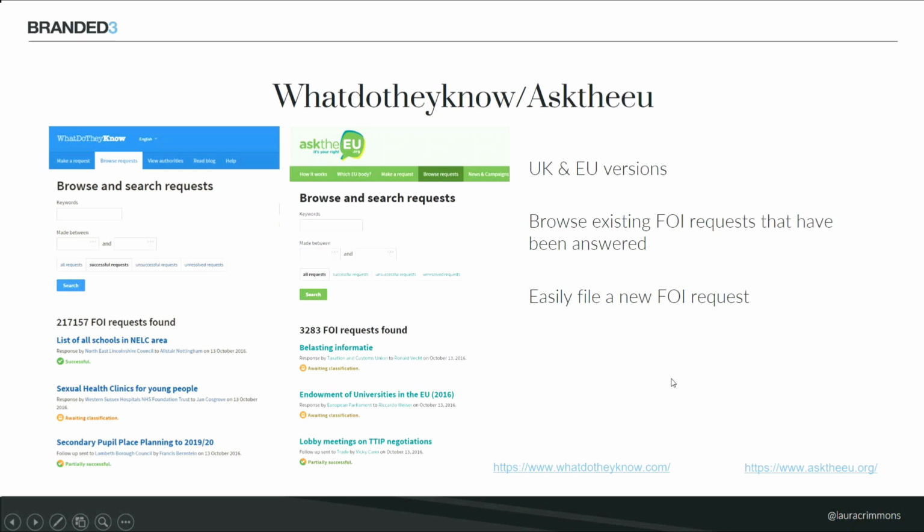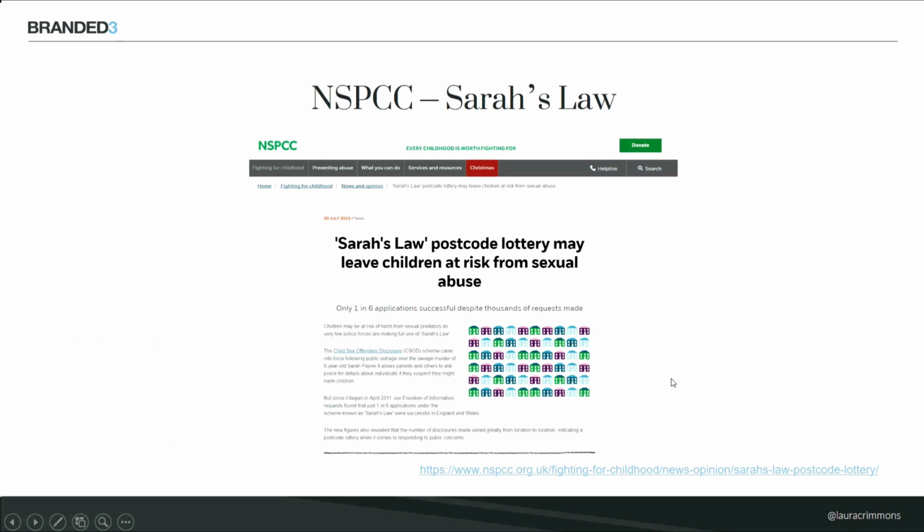So really helpful services. This is an example from the NSPCC of using a freedom of information request in their own campaign. This was looking at Sarah's Law, which is all around children's sexual abuse.